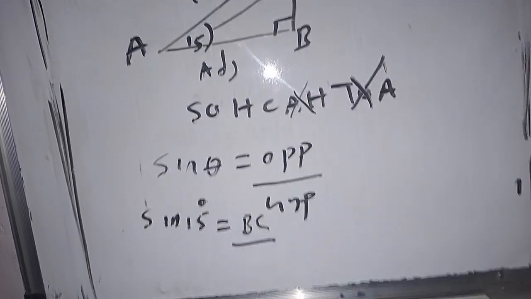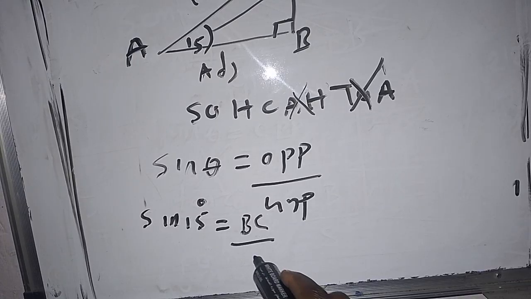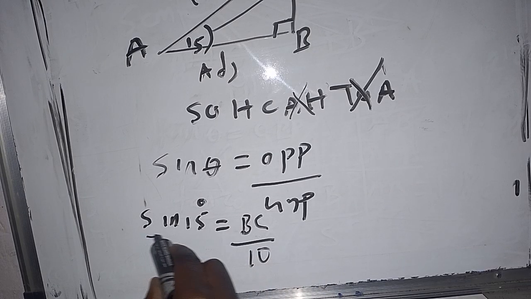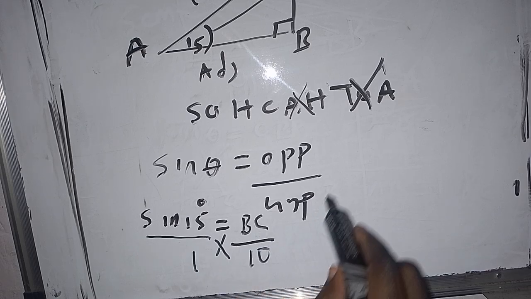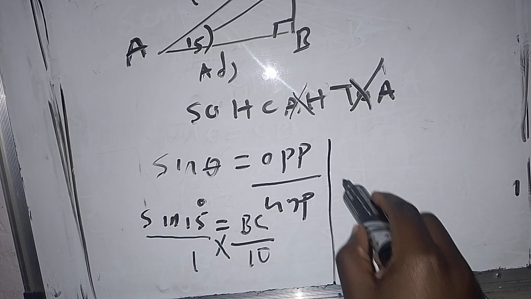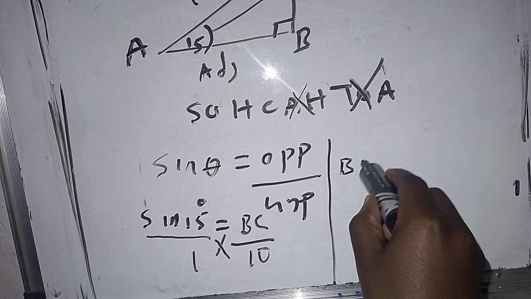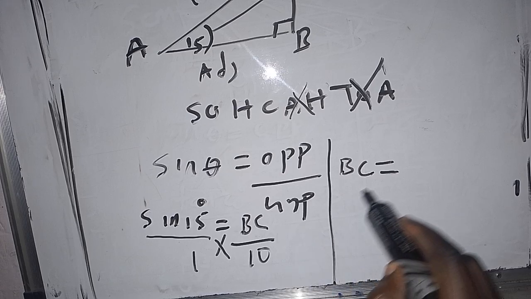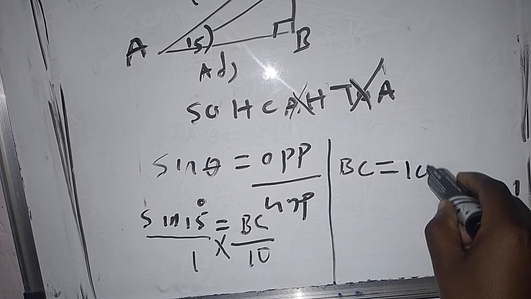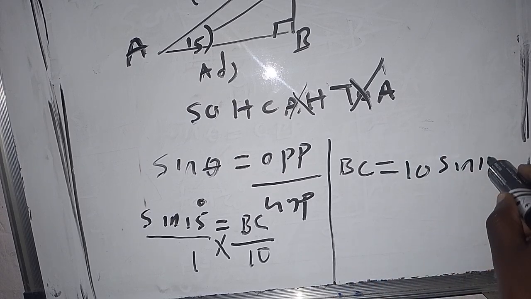Okay, so from there, we just put 10 centimeters here, then everything over 1, then we cross multiply. 1 times BC. So when we multiply 1 times BC, we simply get BC. Then what is sine 15 times 10? That will be 10, then sine 15 degrees.